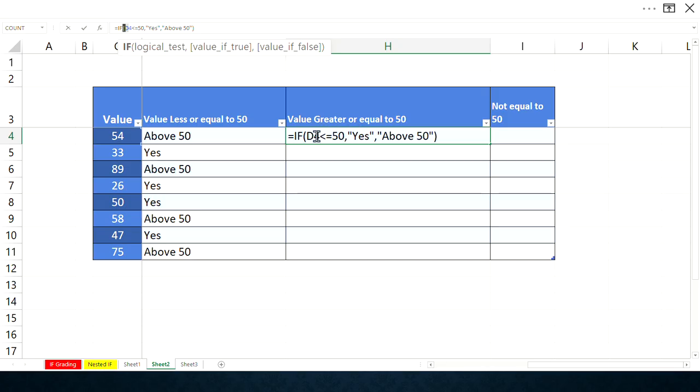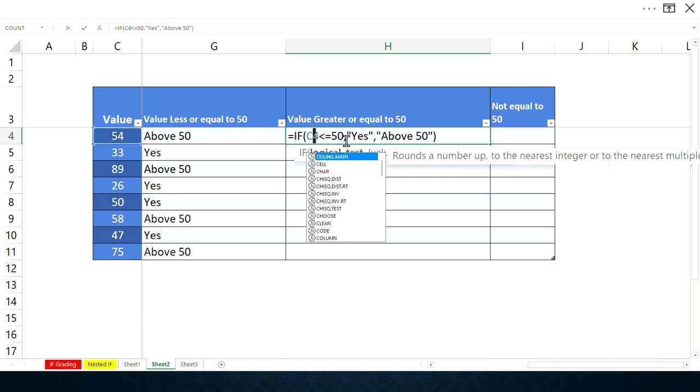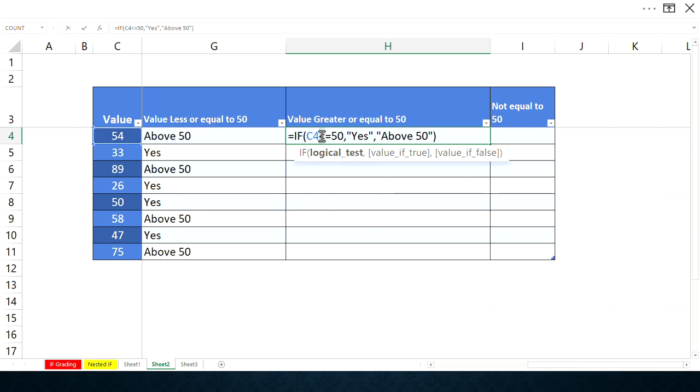And then we have another case for values above 50. We are going to values that are greater or equal to 50, a modification of what we have already done. Values above or greater than 50, greater or equal to 50, yes. But those that are less than 50, we are having below 50 as the result returned.